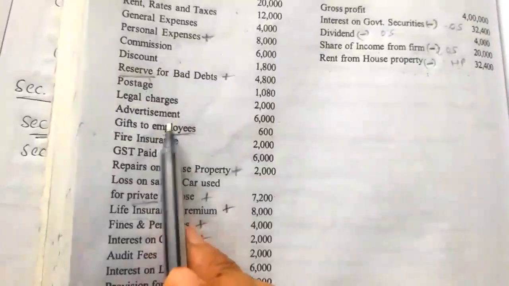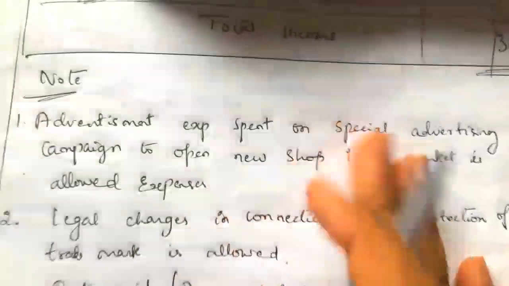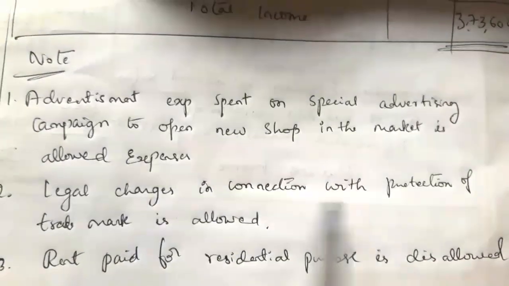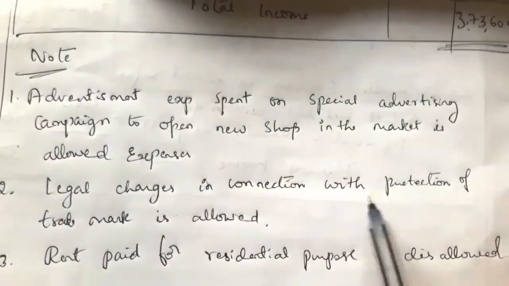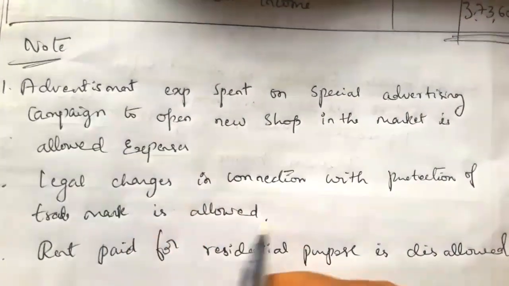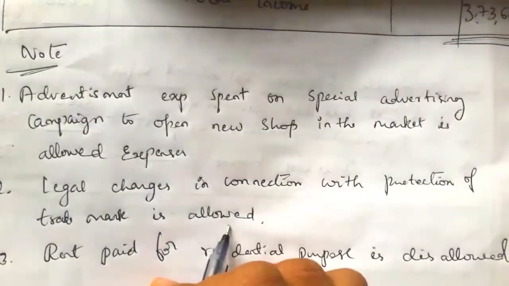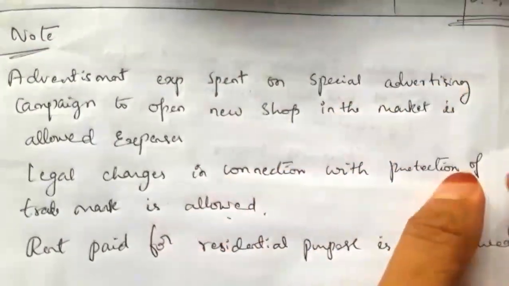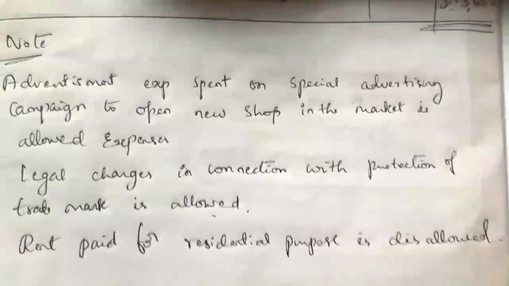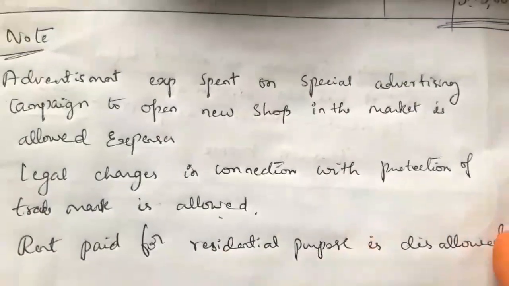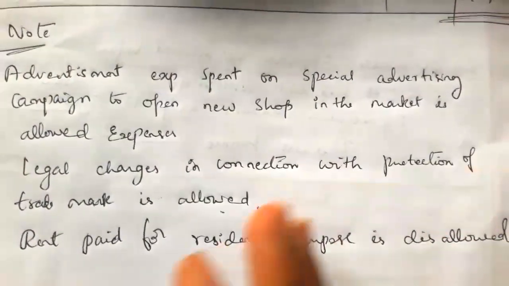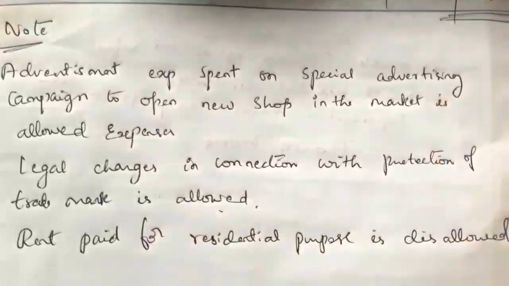These are already included in the advertisement expenses debited to the profit and loss account, so there is no need to include them again. It is allowed and already included, so ignore it. Legal expenses in connection with the protection of a trademark are also allowed and already included in the legal charges, so don't deduct them again. It is allowable expenses, but already included, so ignore it.